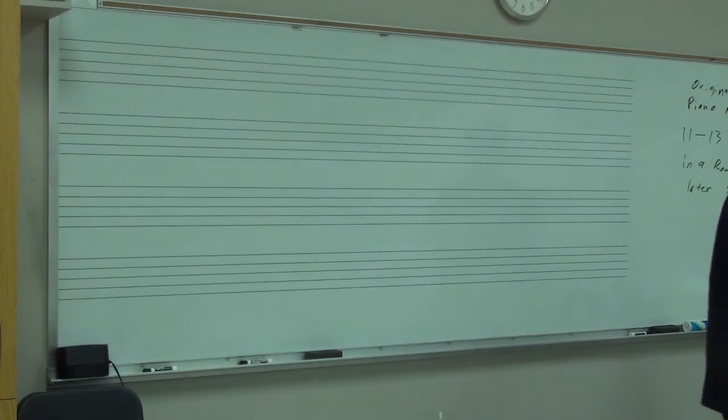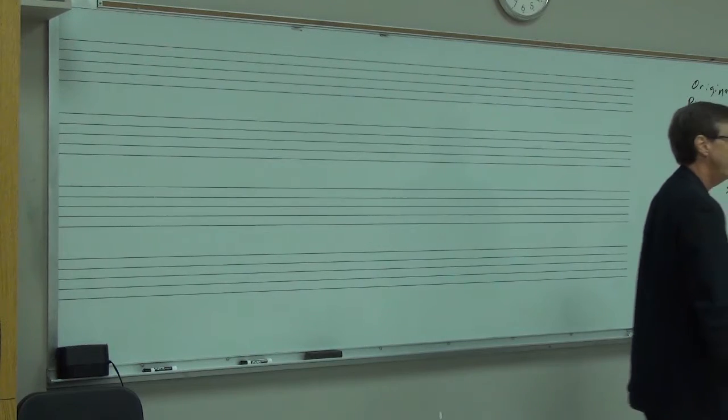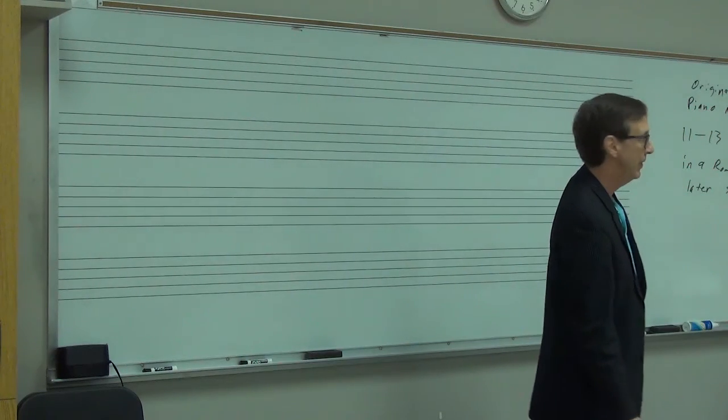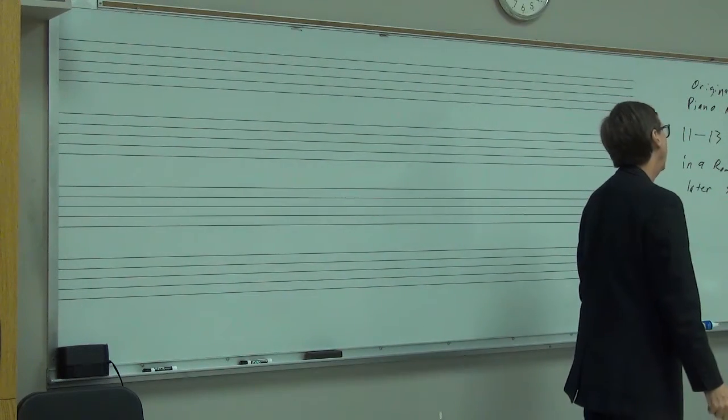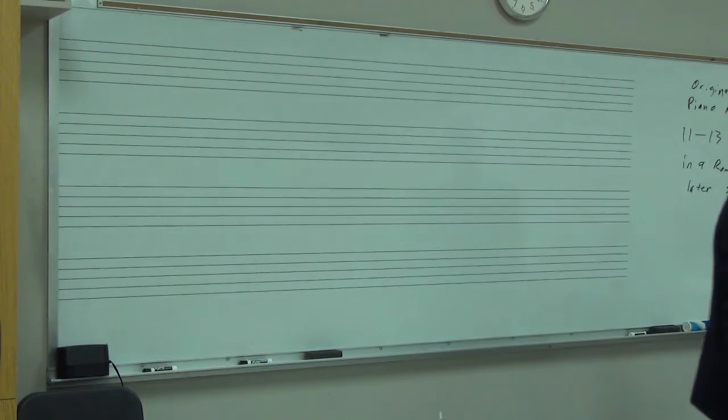If the time signature needs to change for your piece, that's okay. All right, 11 to 13 measures. Another thing about romantic music, the phrasing isn't always quite as structured as it is in other time periods. They may be a little longer, a little shorter.